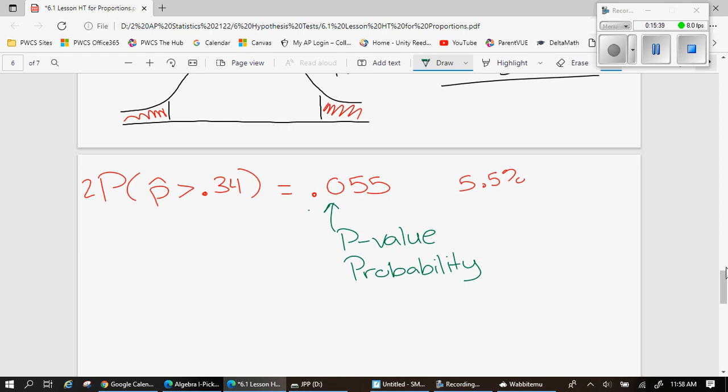In the next lesson, we will discuss how to interpret this p-value, what we do with that p-value, and potential errors that we can make in our hypothesis test. So for now, get used to writing the hypotheses, making the calculation, justifying using your assumptions and conditions, and then getting the p-value.